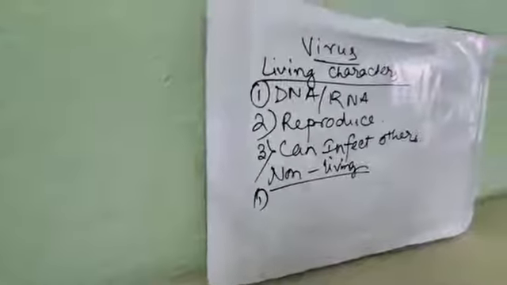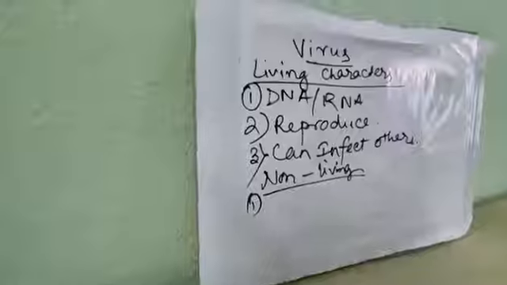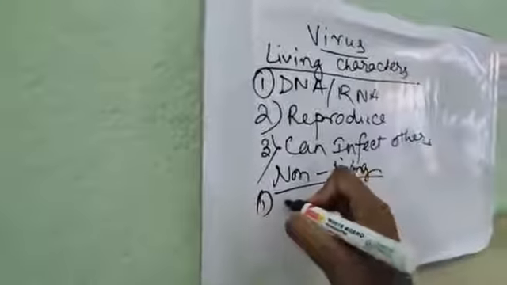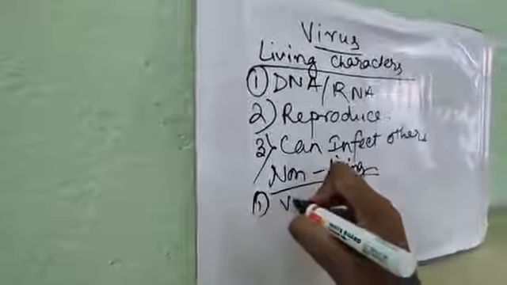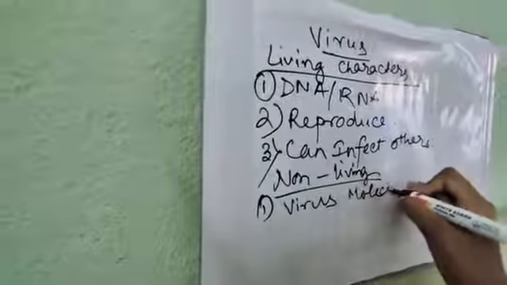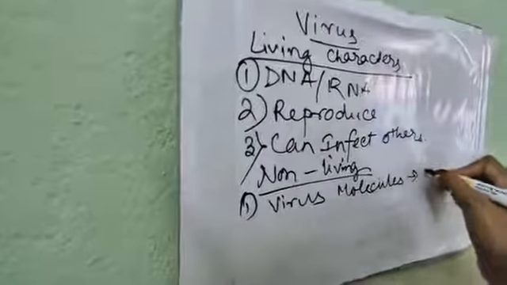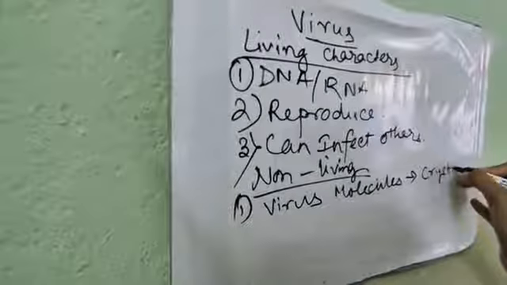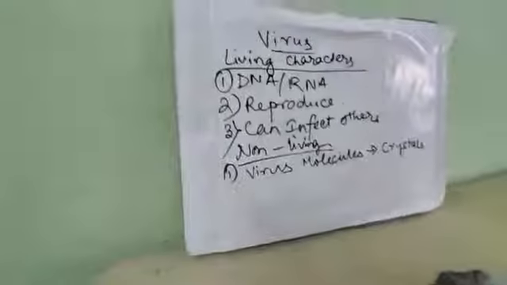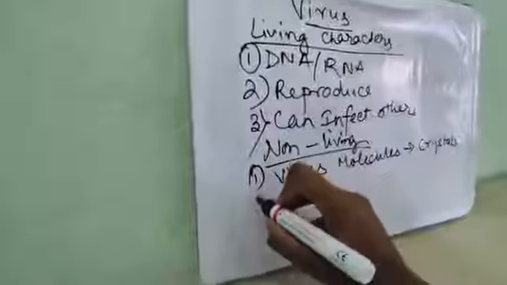Now, why are viruses considered non-living things? Number 1, their molecules can be converted into crystals. Generally, living molecules or living cells cannot be converted to crystals, but in this case it is the exception.